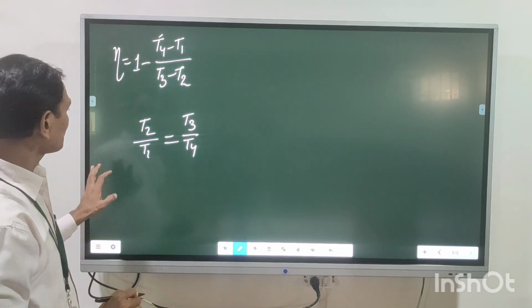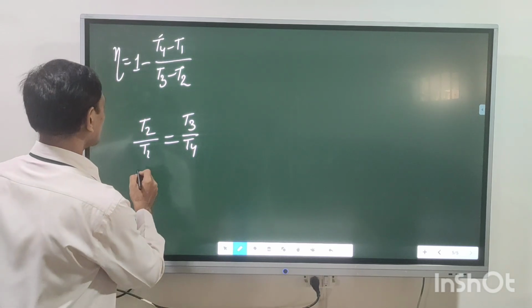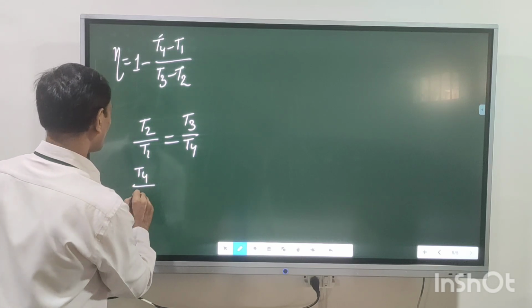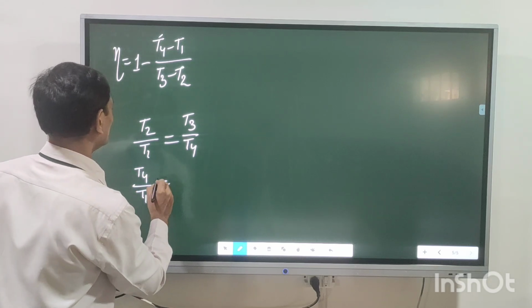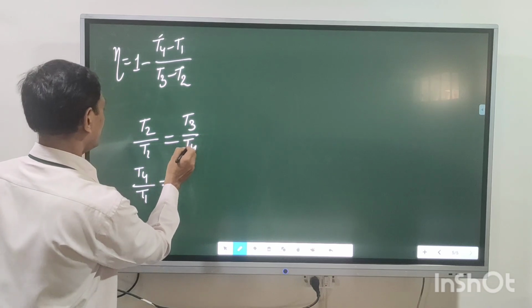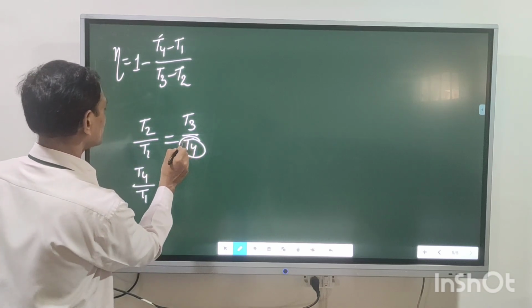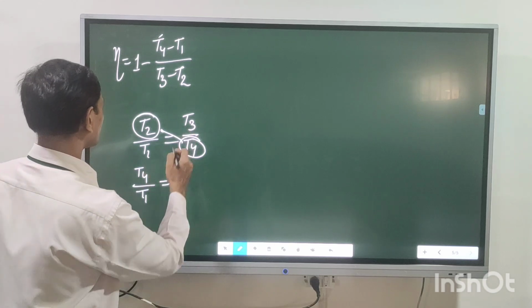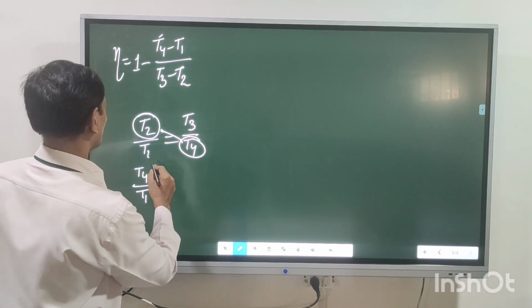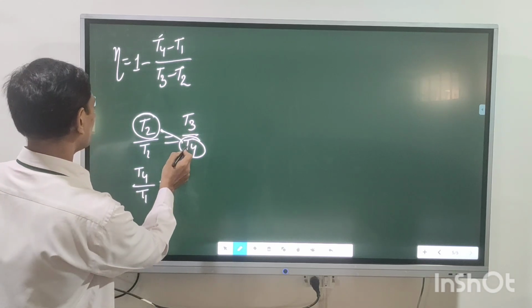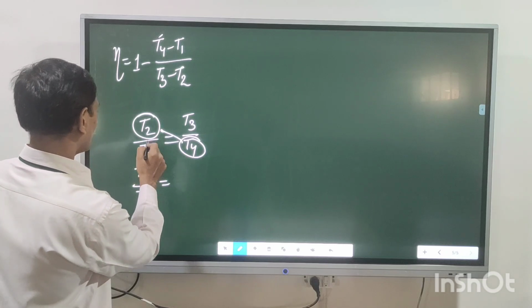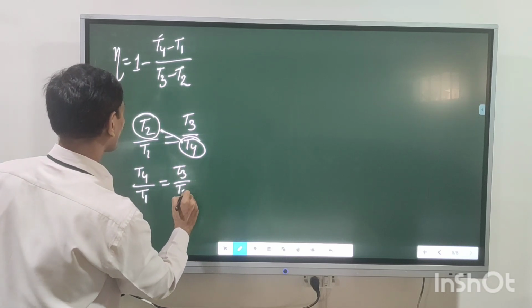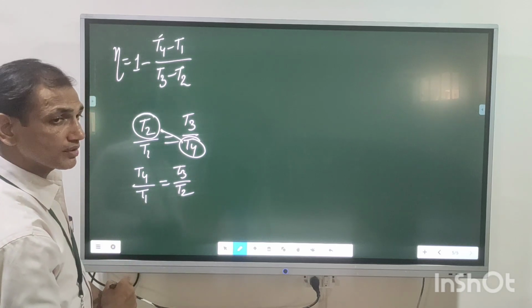Any problem? Now we can write T4 by T1 is equal to T3 by T2, interchanging from this position to this position. Any problem?